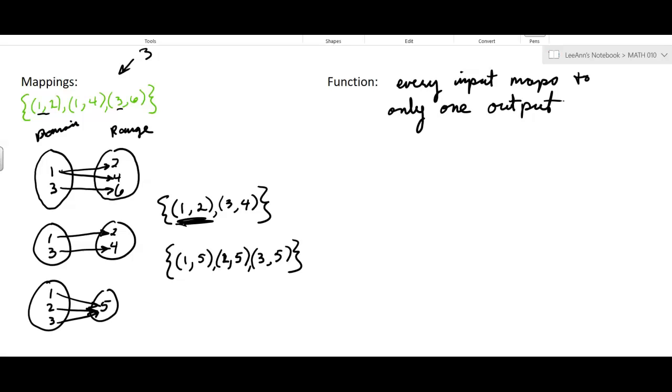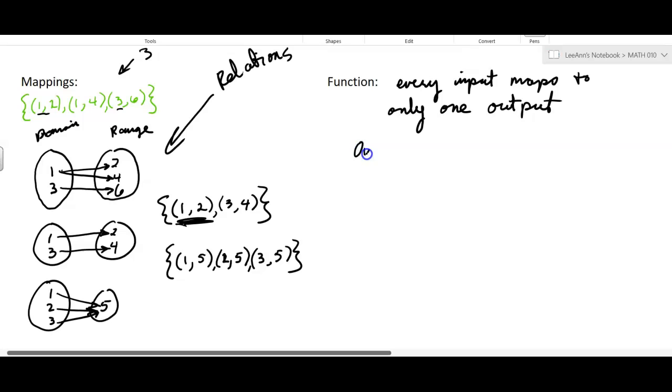So if it's a function, it's still a relation. By the way, all of these are relations. All functions are relations. But to be a function, you have to have this extra rule, that every input maps to only one output. And then we say the output is a function of the input.